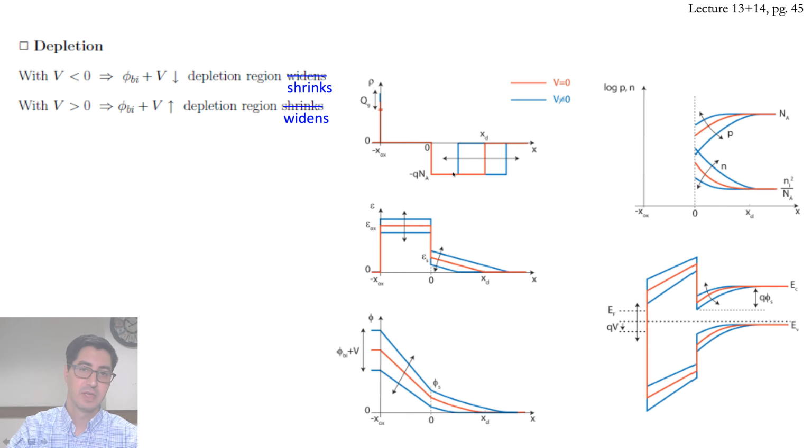Now we can go directly from rho to the electric field by integrating rho. Remember dE/dx, where E is the electric field, is equal to rho over epsilon. So in this case, we're just integrating from the right half. Why is that? Well, our unknown is QD. Okay, we don't know the depletion width.